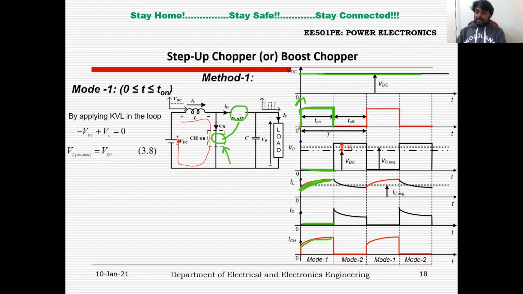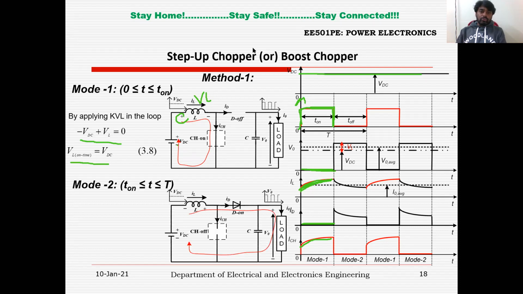Even though it is carrying some current, due to the presence of 0 internal impedance, you won't get any voltage across them, right? So now you can apply KVL in this loop. So minus VDC plus VL, where VL is the voltage across the inductor, equals 0. So if you apply KVL in this loop, VL equals VDC during the on time period, right?